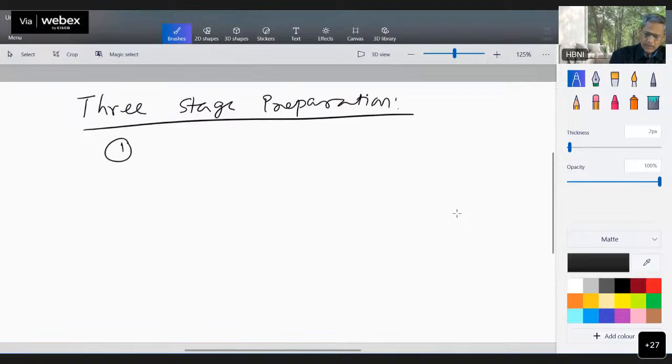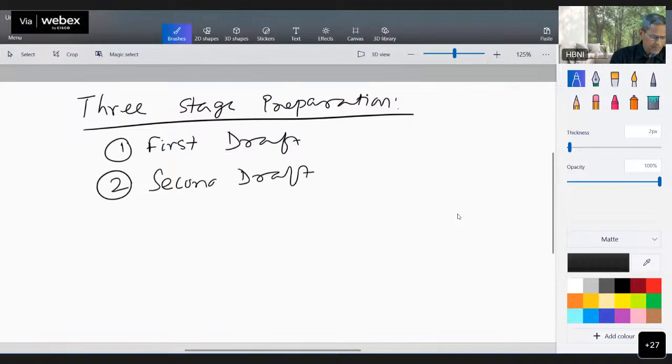That is, first you have to prepare a first draft, then a second draft, and a third draft.